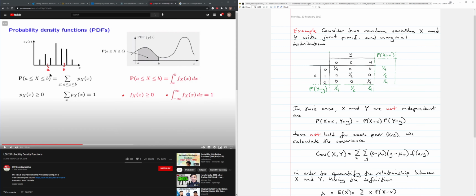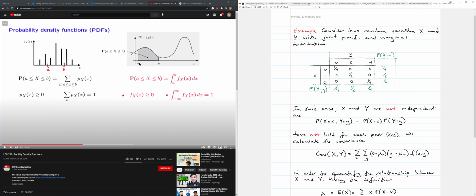Alright, so what we just saw is that for a single discrete random variable, this diagram is indicating a probability mass function, so at different values of x you have a probability associated with it. And this diagram here is for a continuous case. For a continuous random variable, the values lie on an interval such as this, and we calculate probabilities not at a single point but on an interval.